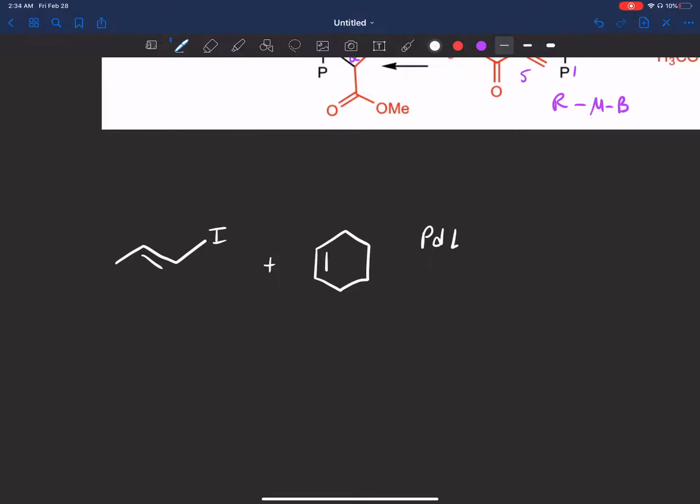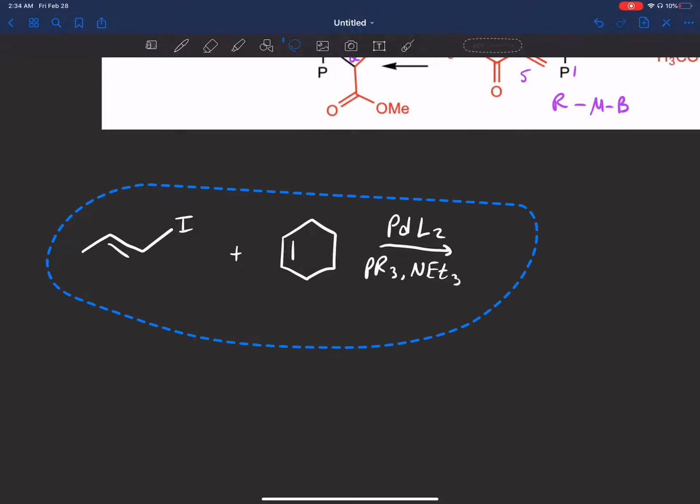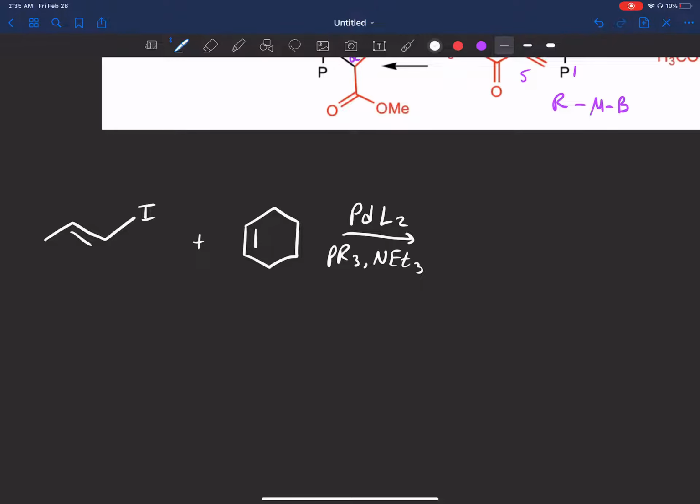I'm going to use PdL2. And so we're going to do the Heck reaction. The shortcut, essentially, is to erase the iodine or the leaving group, and you bind that to the carbon of the double bond, giving that product. The thing is, it's not going to be that simple when we have a cyclohexene.